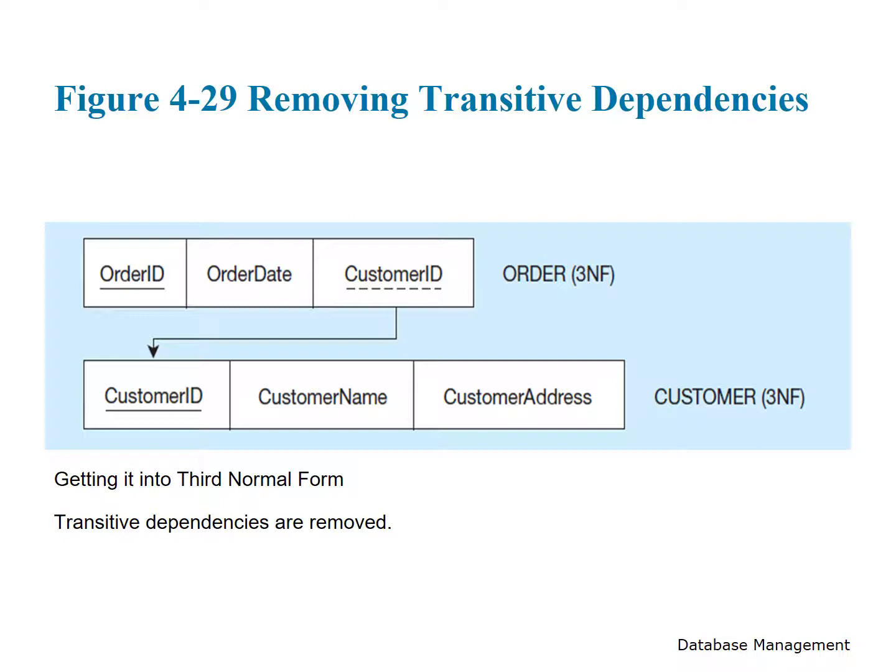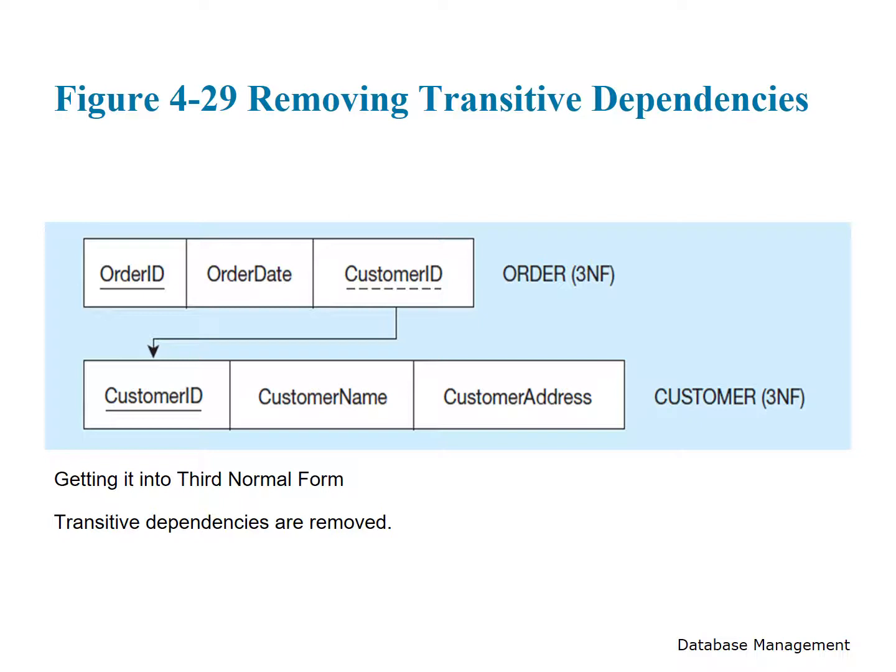Removing transitive dependency. You can easily remove transitive dependency from a relation by means of a three-step procedure. For each non-key attribute or set of attributes that is a determinant in a relation, create a new relation. That attribute or set of attributes becomes the primary key of the new relation.